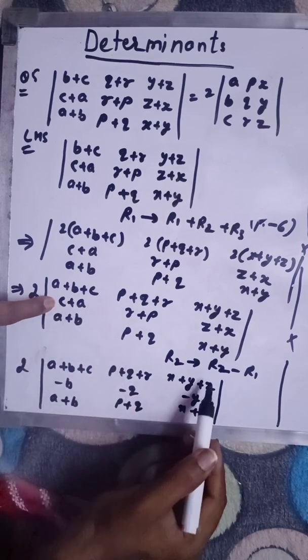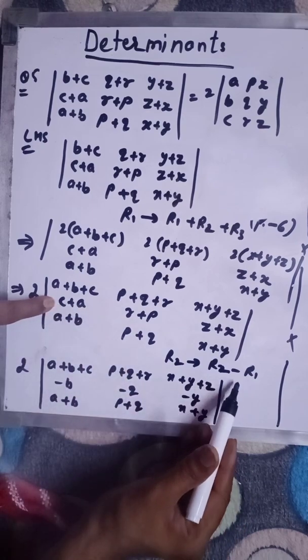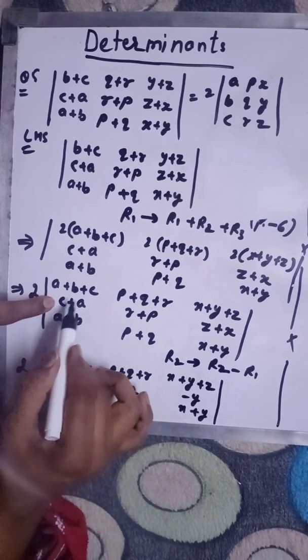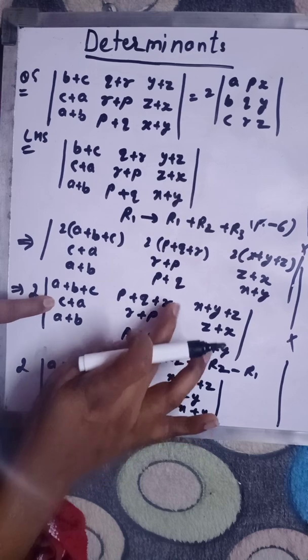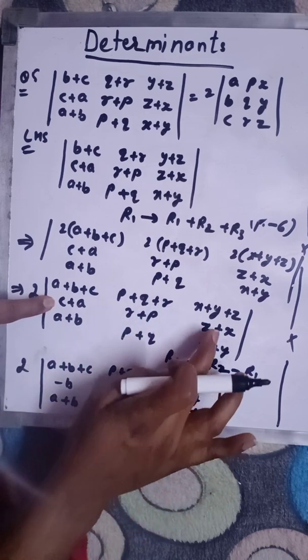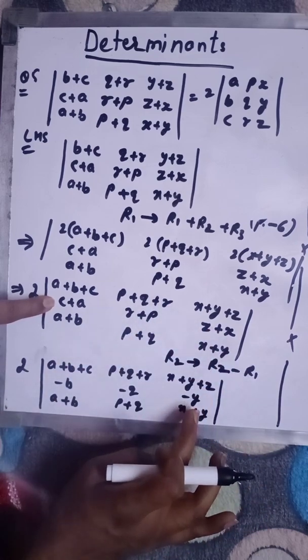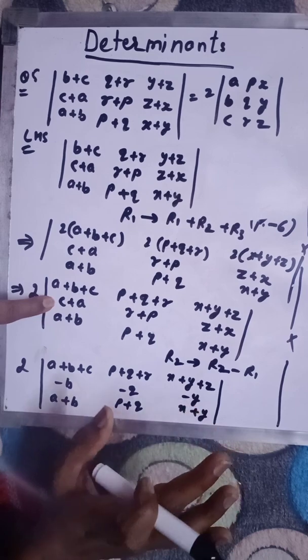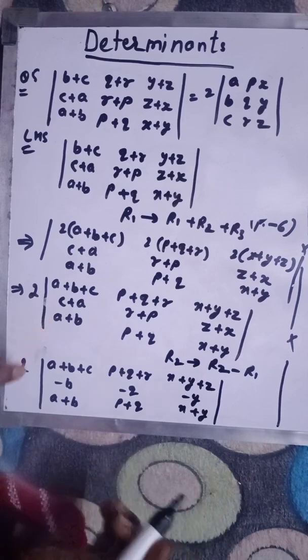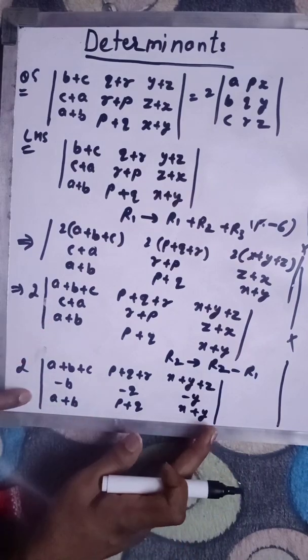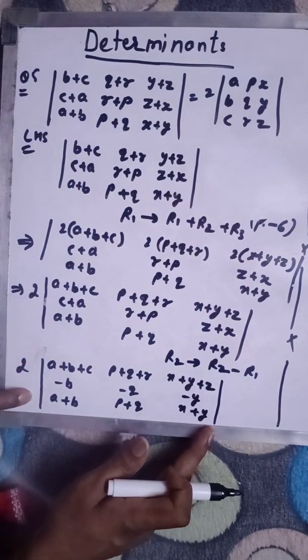In R2, you apply R2 minus R1. When you apply this minus this, you will get minus b. Here, when you subtract this, you will get minus q, and here you will get minus y. I know you can do this kind of subtraction. After that, you will get this determinant.